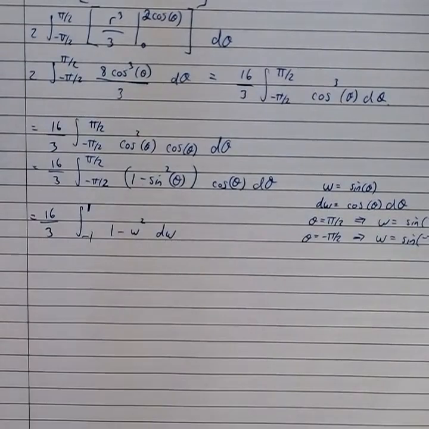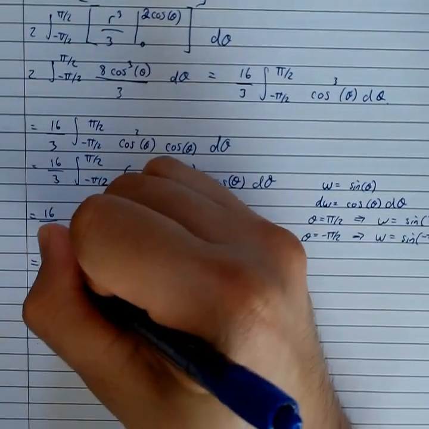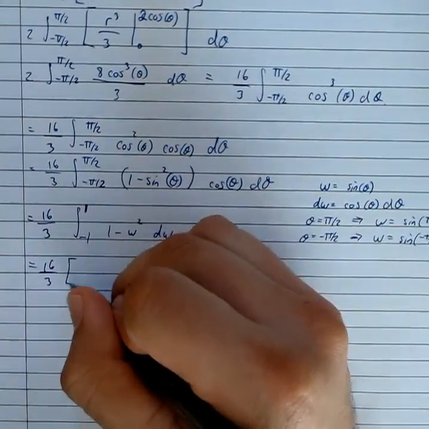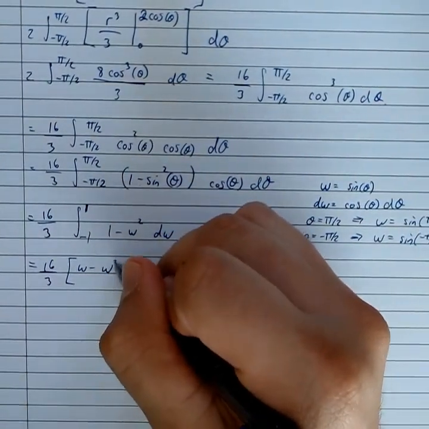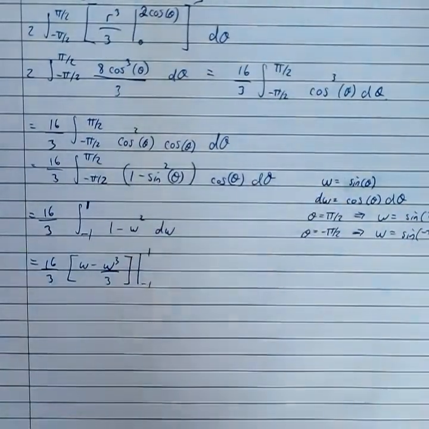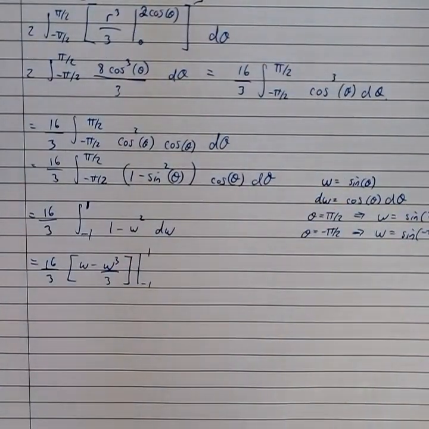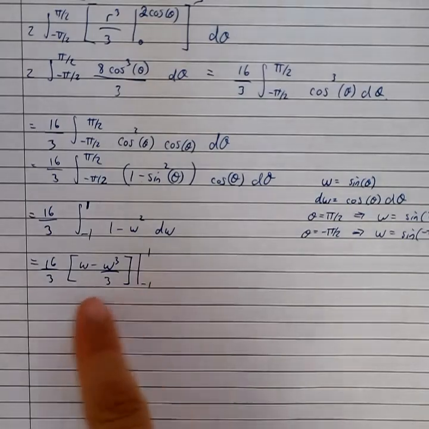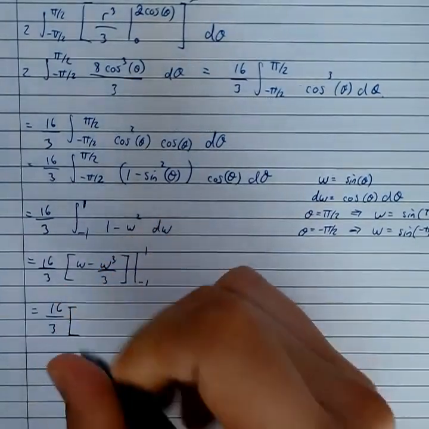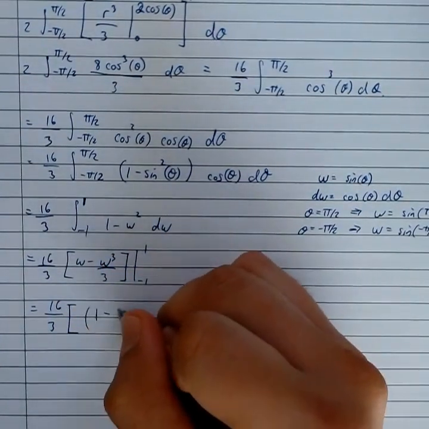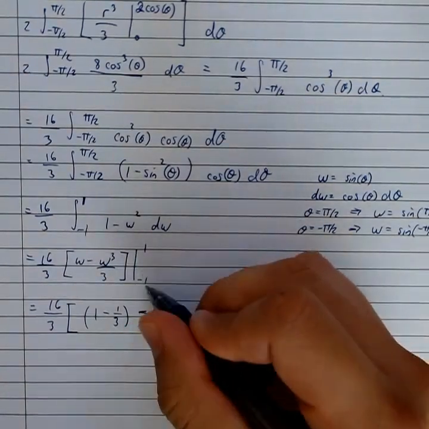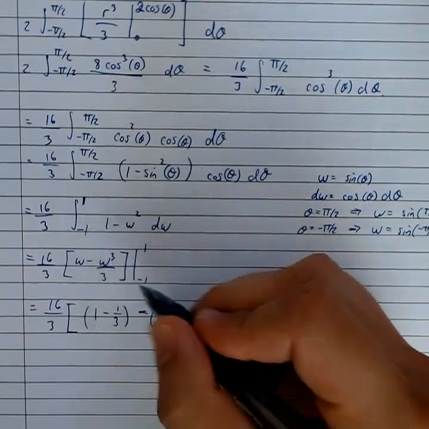So now we have one last integration to pull off. That's going to be 16 thirds times the integral of this, which is W minus W to the third over 3, evaluated from minus 1 to 1. If we plug in those numbers, that's 16 thirds times 1 minus a third, minus negative 1 plus a third.